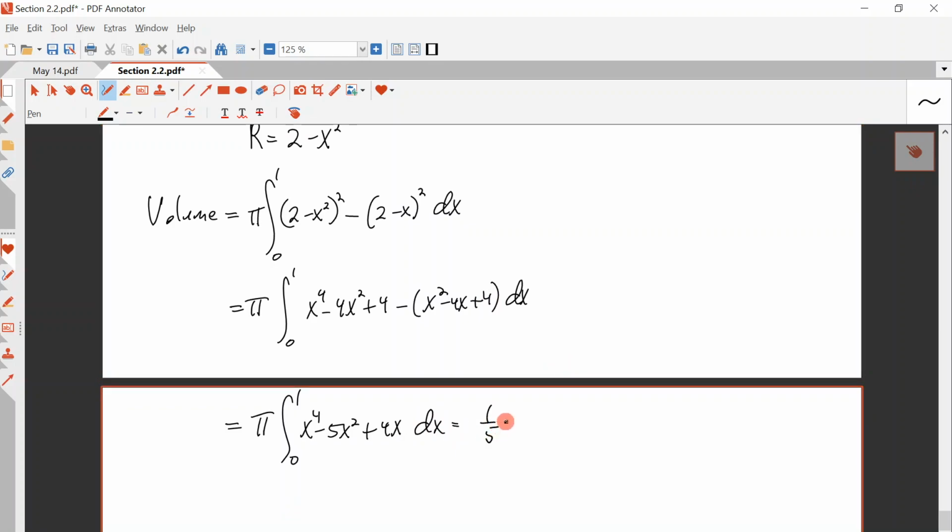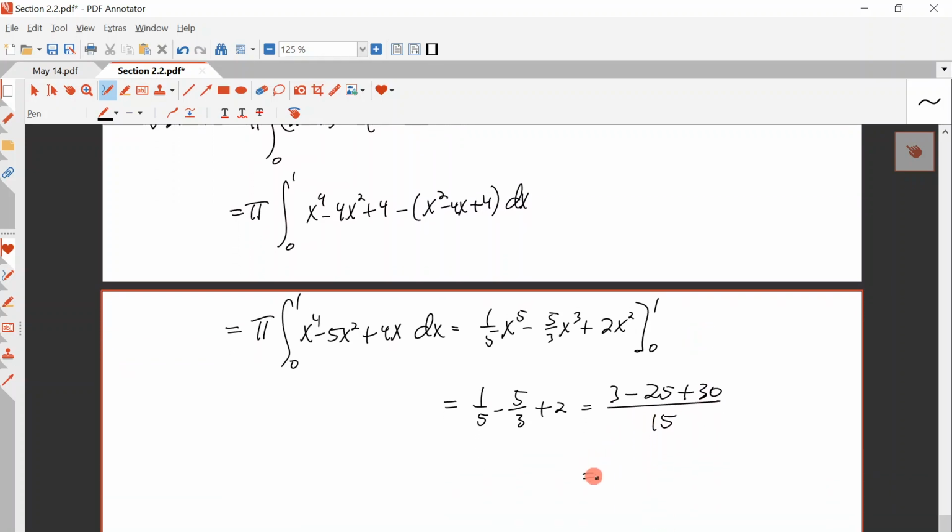The antiderivative is 1/5 x to the 5th minus 5/3 x cubed plus 2x squared, from 0 to 1. So that's 1/5 minus 5/3 plus 2, which is 3 minus 25 plus 30 over 15. So this is equal to 8 over 15. That's the volume of that solid there.